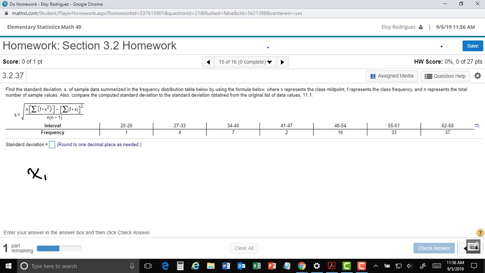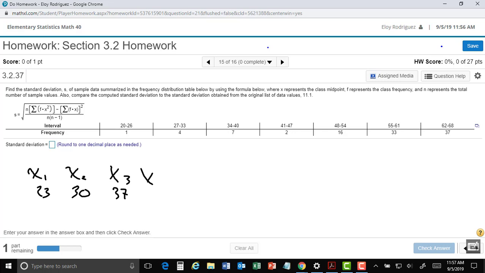What is it? We're going to go x sub 2 as the next midpoint. What is it? And then x sub 3. What is it?